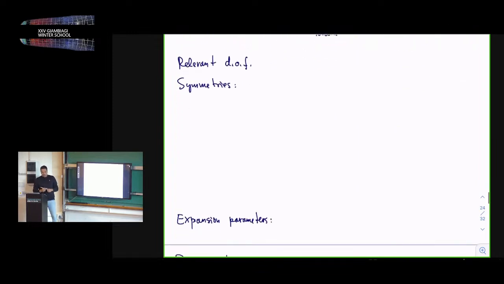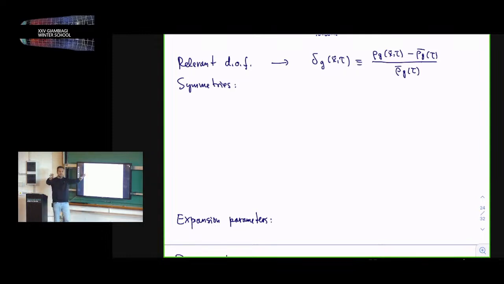So first of all, what are the relevant degrees of freedom? Well, this is easy. Here we're talking about delta_g of x and t, which by definition is very similar to the dark matter density contrast. It's just ρ_galaxy minus ρ_galaxy bar, some mean galaxy density, divided by the mean galaxy density, okay?